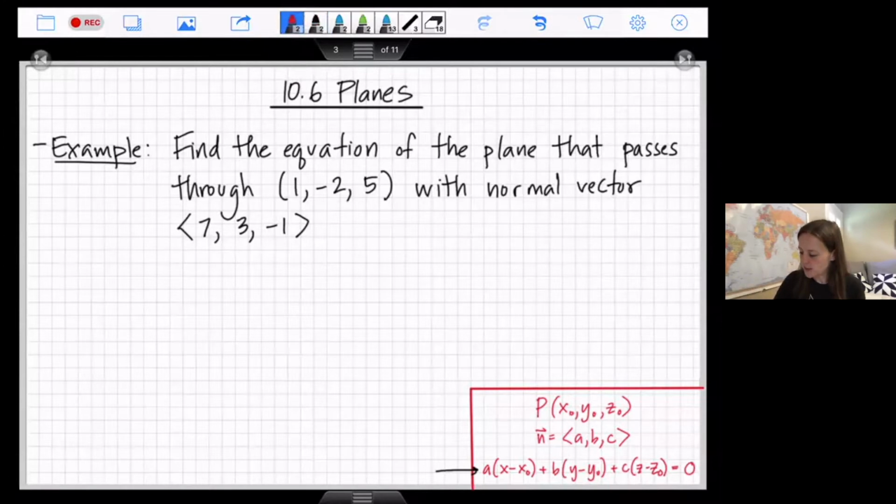So the point is x naught, y naught, z naught, and the normal vector is the a, b, c. So we're just going to plug into that bottom equation, straightforward.